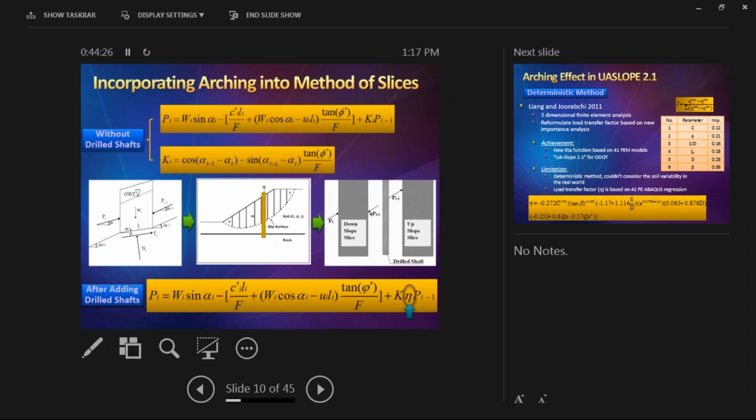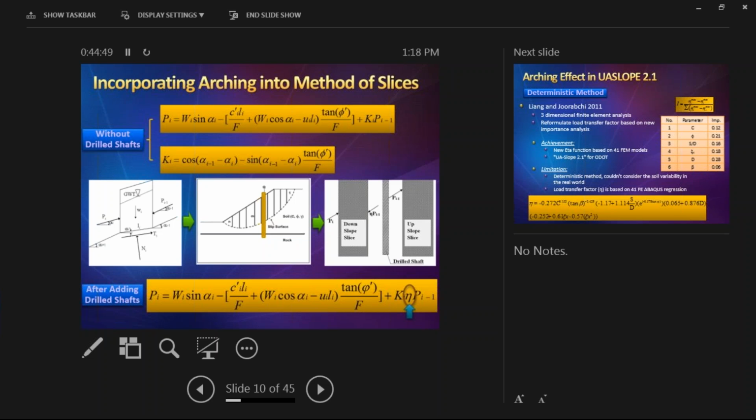If you don't have the drill shaft, then P(i-1) would be equal to P(i-1) pointing downward, so action and reaction are the same. However, if the drill shaft is between these two slices, then because of arching, this inter-slice force will be reduced by a factor of eta.